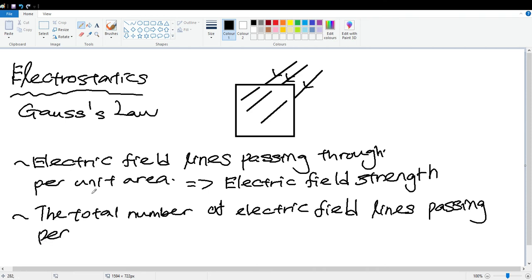So this is the perpendicular to the surface area of the metal plates.